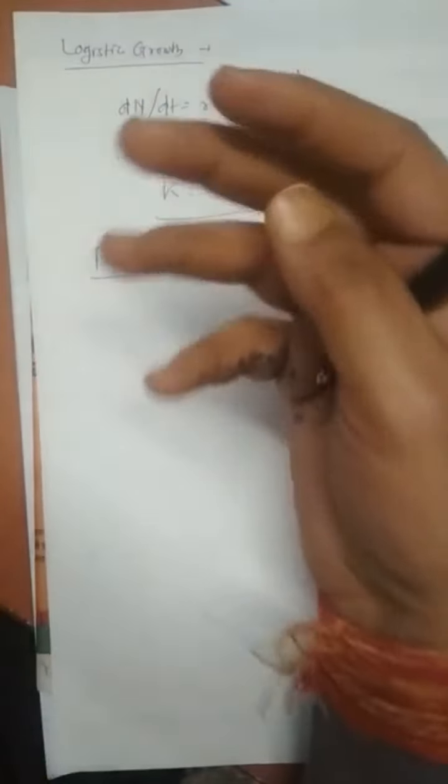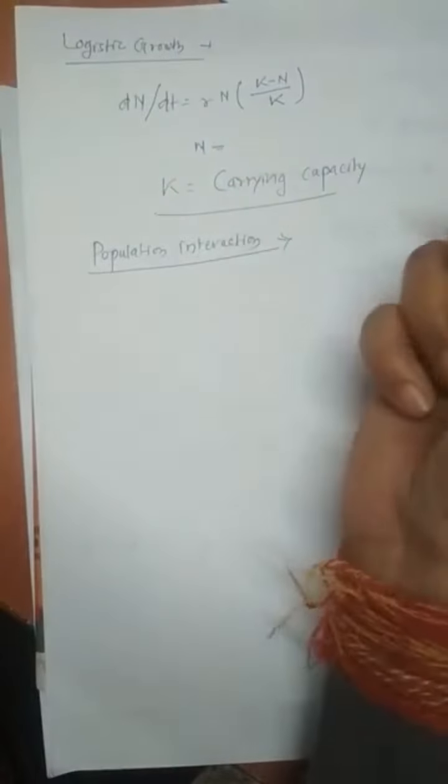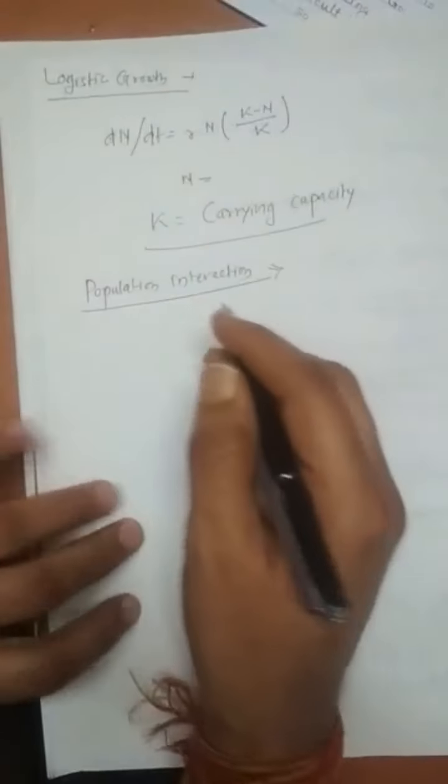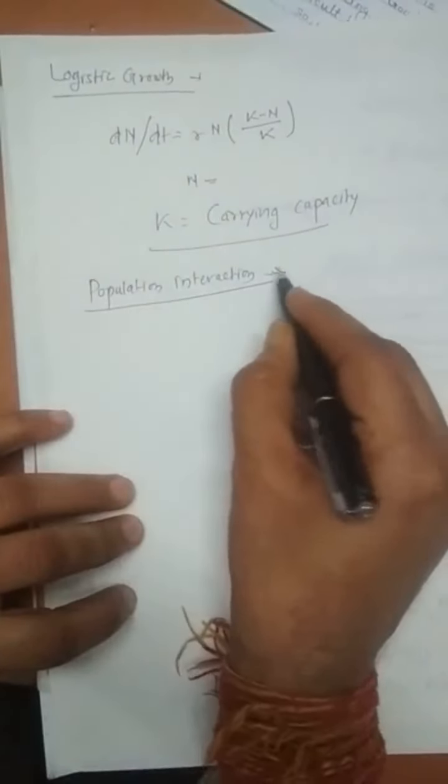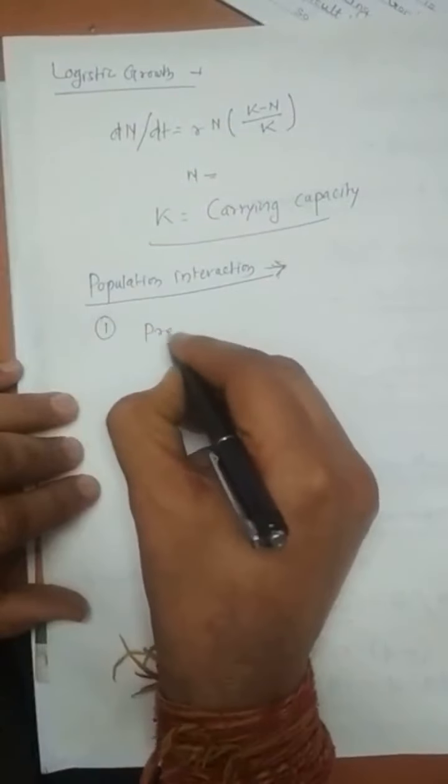These interactions may be beneficial, detrimental or neutral, for one of the species or both, it can be for both. Following are the types of interaction. Number 1, predation.